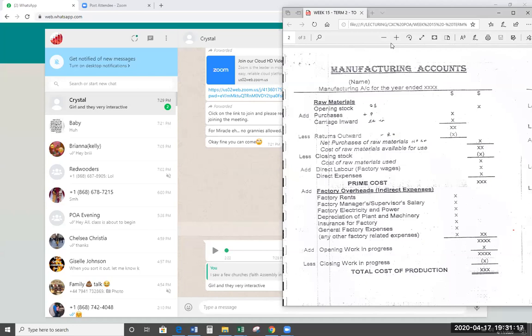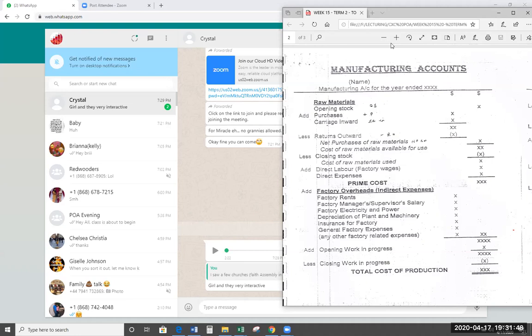Where an organization manufactures its own goods, the financial statement must include the manufacturing account. Everything else remains the same as what we learned prior, which is the trading and profit and loss and the balance sheet accounts. You must adjust your manufacturing account for any work in progress at the start and at the end of the period.